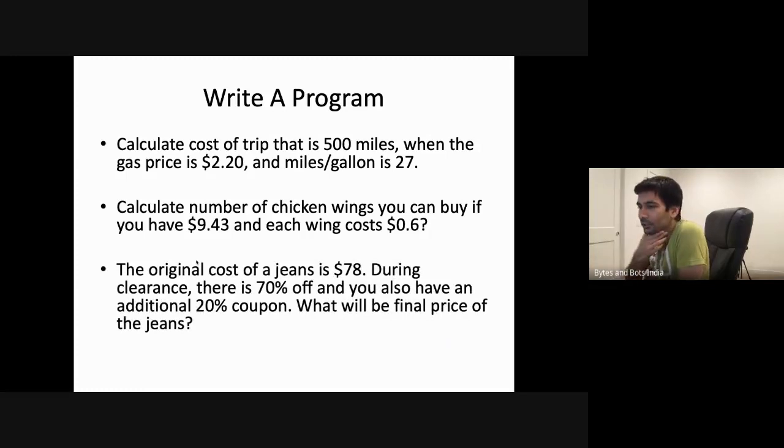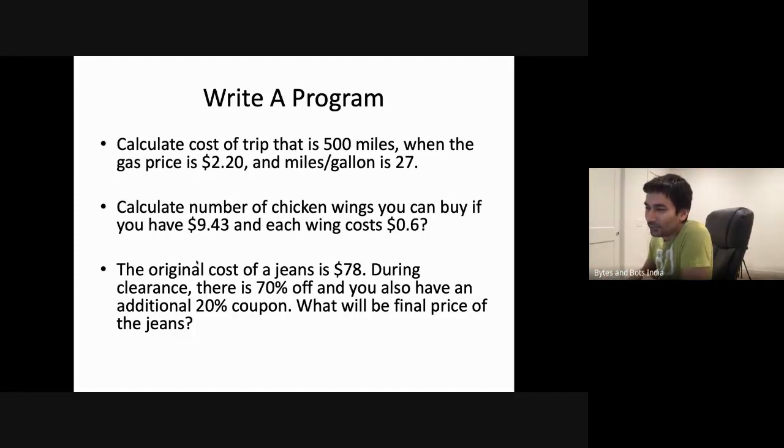The next one is the original cost of jeans is $78. During clearance, there's 70% off, and you also have an additional 20% coupon. What will be the final price of the jeans? Well, it looks like a math problem. But yeah, go ahead.